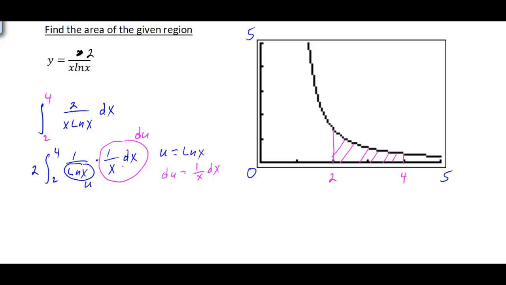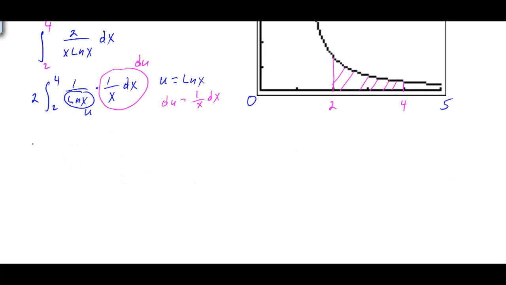We have du over u, and if we have du over u, that's our natural log, so I'm going to bring down the 2, and then we would have the 2 multiplied by the ln of u, which means we're looking at the u is ln of x. And notice we don't have a plus c because we have our limits from 2 to 4.